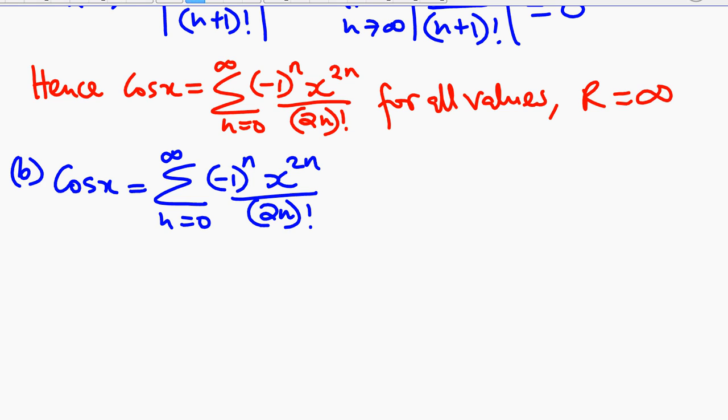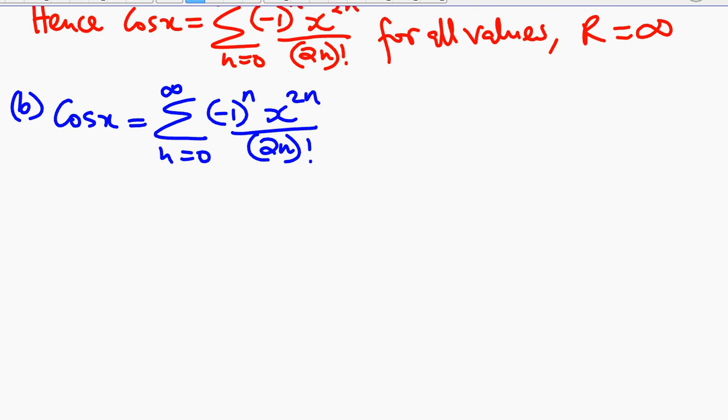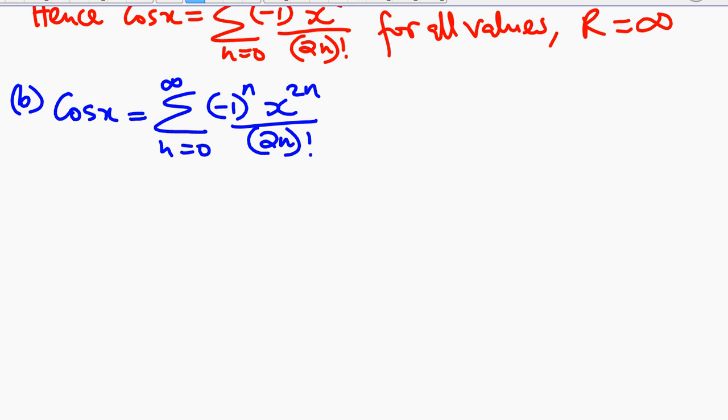So we can say that cos 2x will be equal to the sum from n equals 0 to infinity of -1 to the power n.